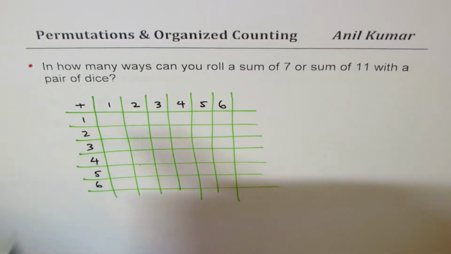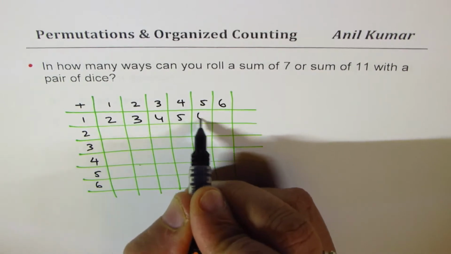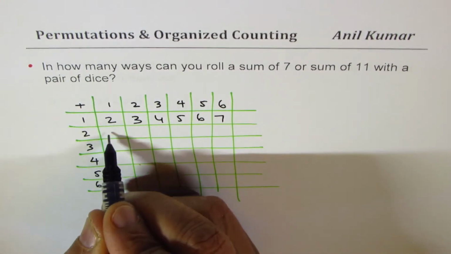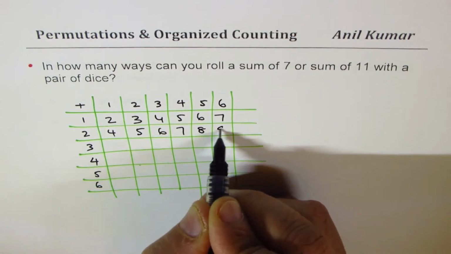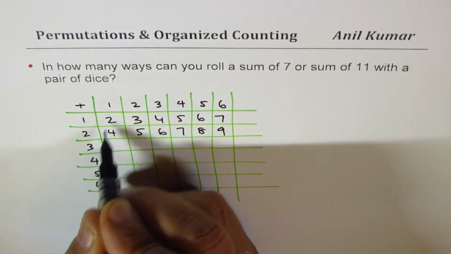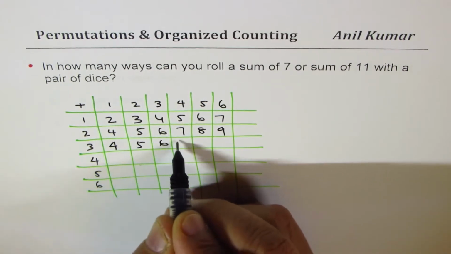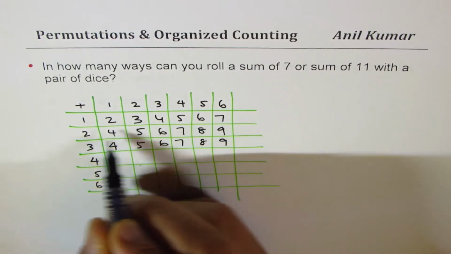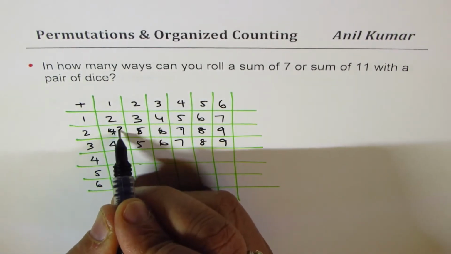When you add, what do you get? 1 plus 1 is 2, and then 3, 4, 5, 6, 7. Adding 2's, we get 3, 4, 5, 6, 7, 8. I made a mistake here, I'm sorry. 2 plus 1 is 3.